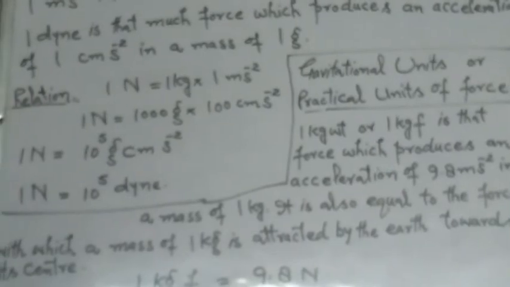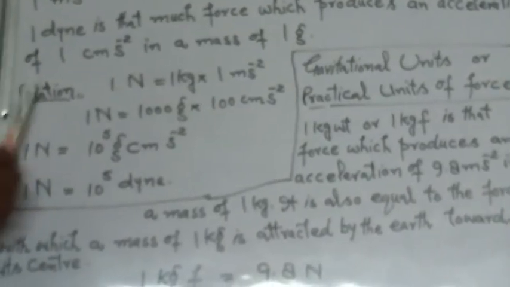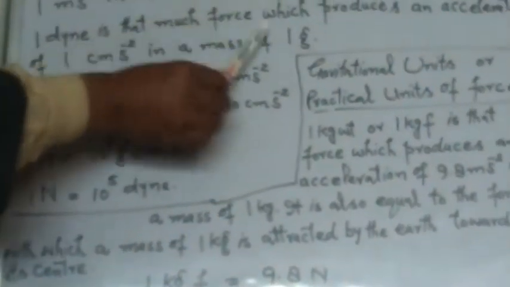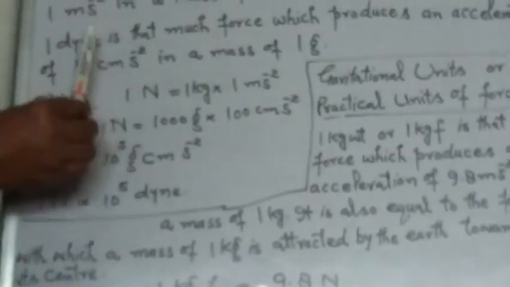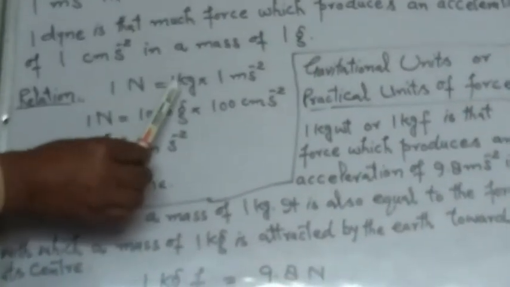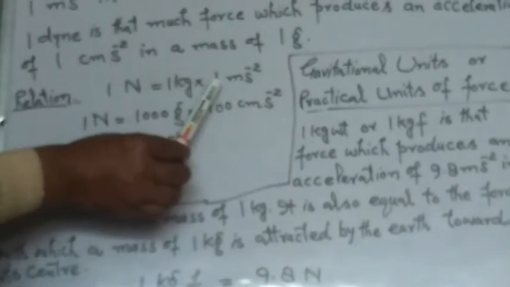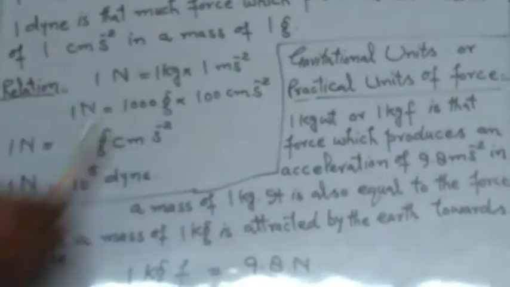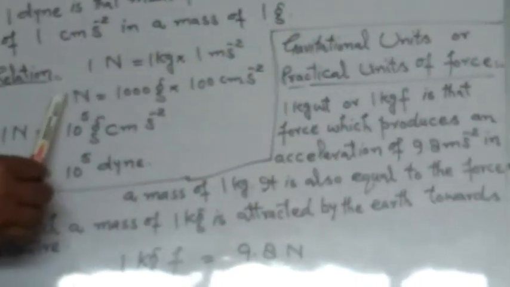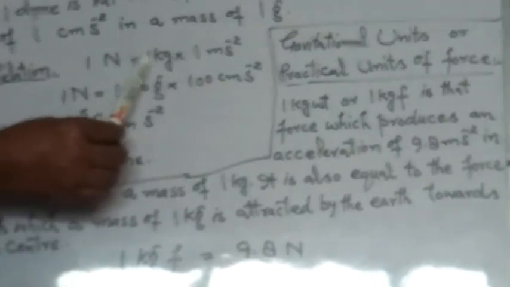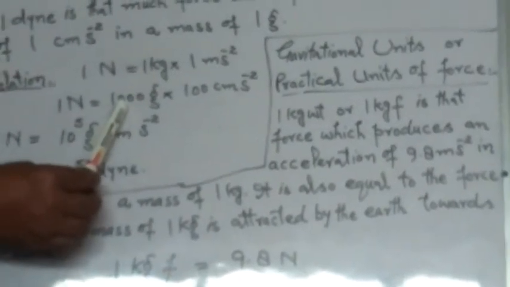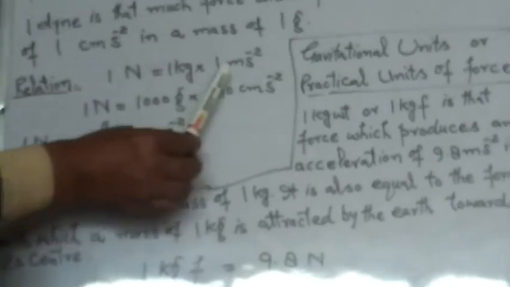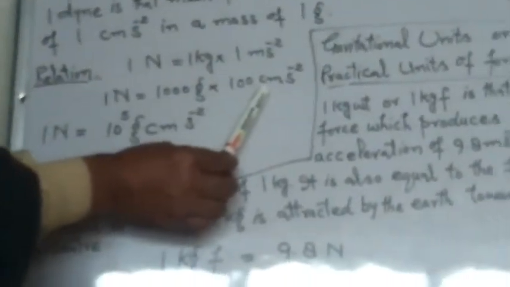Now, we will draw a relation between Newton and dyne. 1 Newton is equal to 1 kilogram into 1 meter per second square. That is, 1 kilogram is equal to 1000 grams, and 1 meter is equal to 100 centimeters per second square.